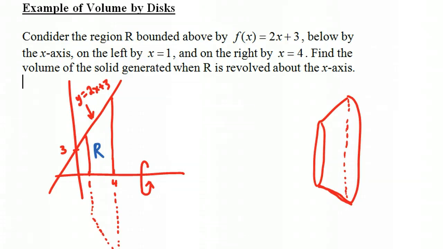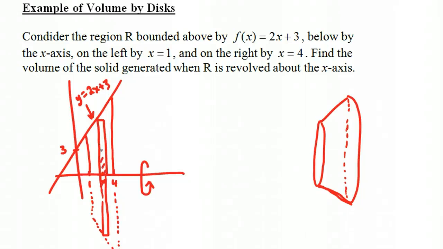To show you that we're actually using disks in this problem as opposed to washers or something else, let's draw in a little x right here on the x-axis. If we were to make a rectangle straight above that, then that rectangle would reflect below the x-axis down here. What does that become?